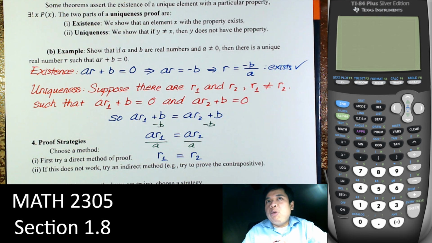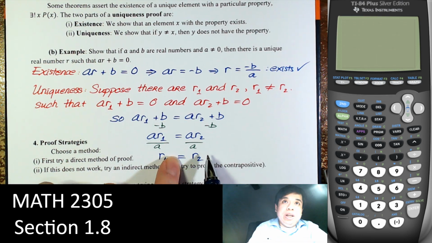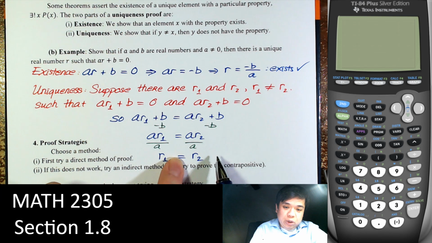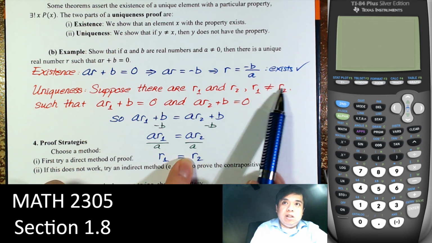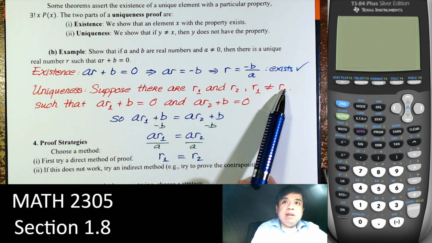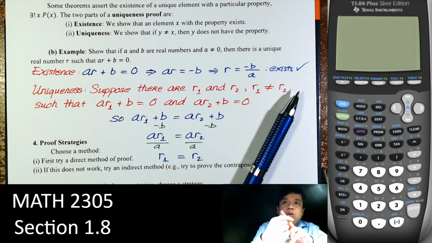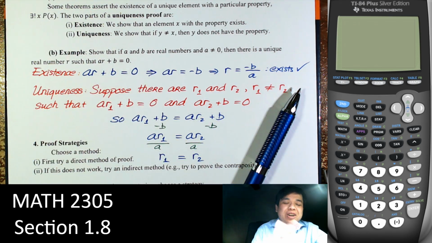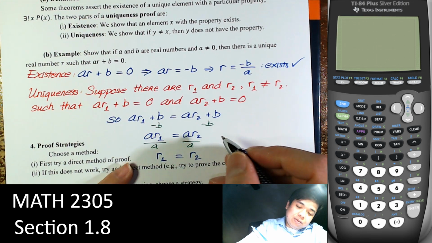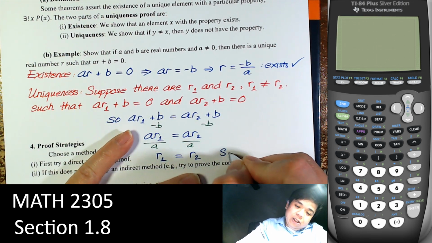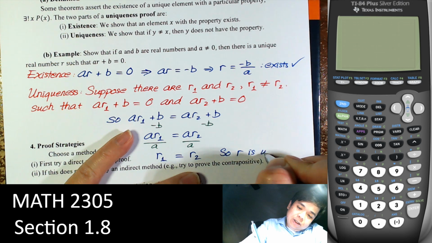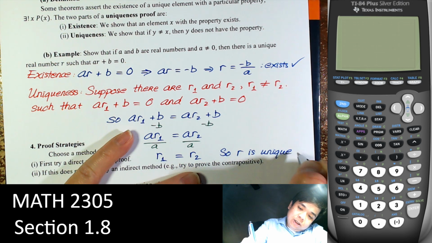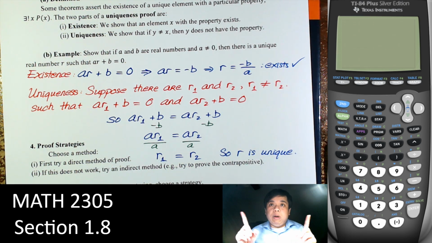So this is proof by contradiction. That means the number is unique. There's no other option. There's only one of them that works. If there are two of them that work, those two are the same. So it is unique.